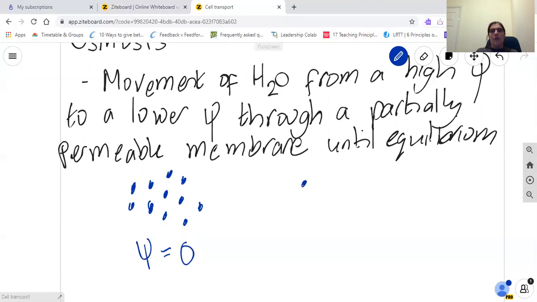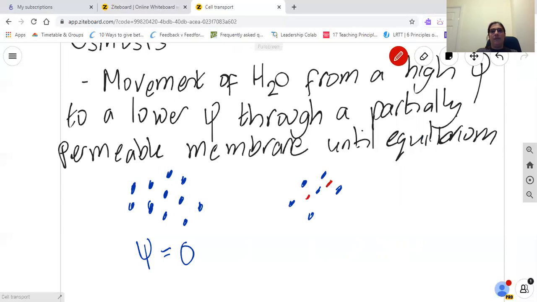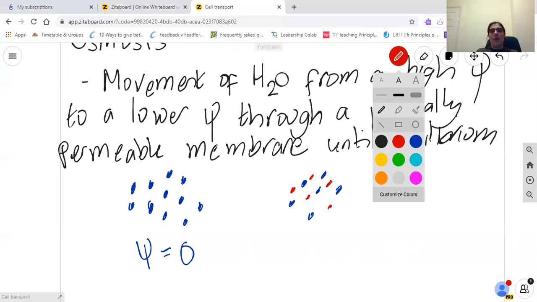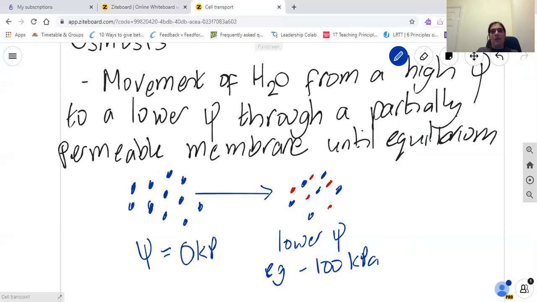The minute you start to add some solutes in there, you're going to lower the water potential. Now, lower than 0 is going to be a negative number. So, for example, it could be minus 100 kilopascals. So water would move from there to there because it's going to move from a higher water potential to a lower one.